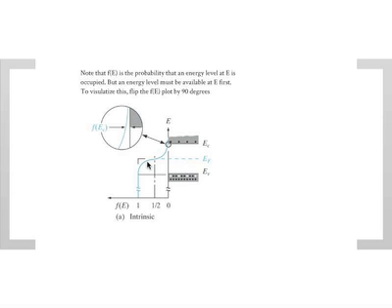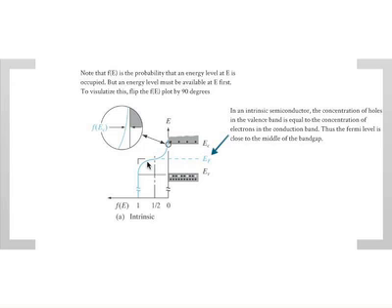Now, let's look at that a bit more carefully. In an intrinsic semiconductor, the concentration of holes in the valence band is equal to the concentration of electrons in the conduction band, because the electron came from here and went up there. Which means that the Fermi level lies very close to the middle of the band. Why?